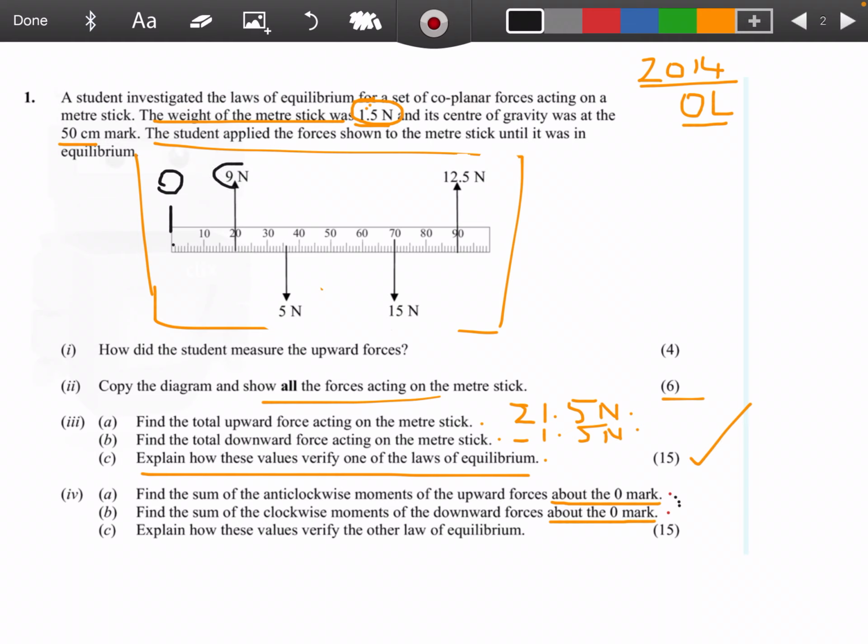So that's the 0 mark. Force by distance. 9 by the 20 centimeters in meters. Remember we discussed. So that's why it's 9 by 0.2. The next one, 12.5 by 0.9.